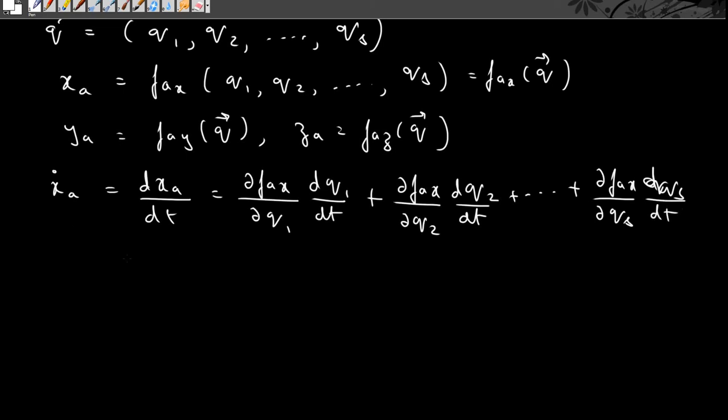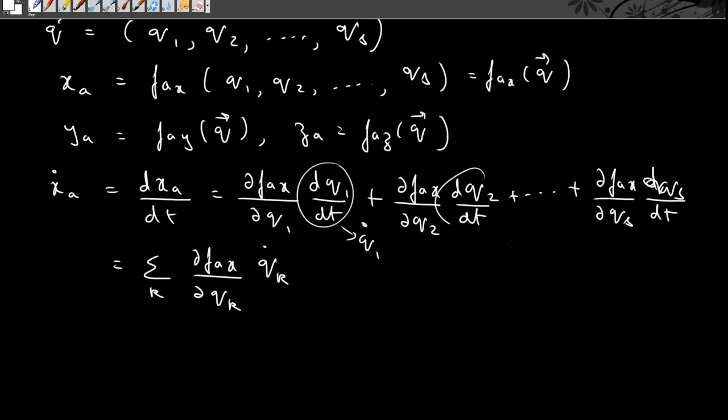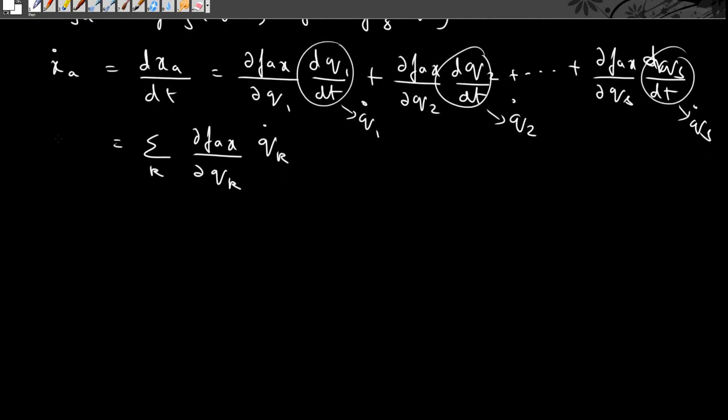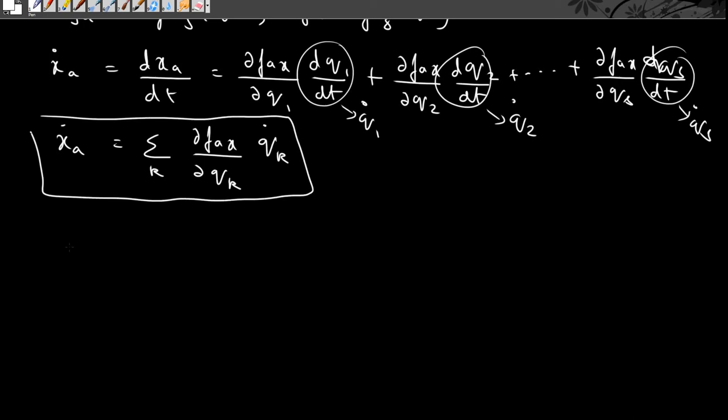This can be written as a summation over some variable k of dou f_ax by dou qk into qk dot, because this is q1 dot, this is q2 dot, and so on, up to qs dot. Alright, so that means we have x_a dot as follows.